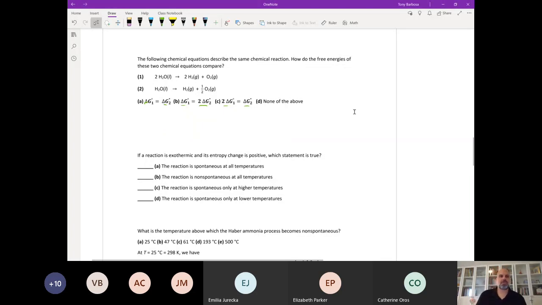All right, let's think about this. When we have the free energy of our system, our delta G, and we're trying to determine what's going to happen, should I pick on people and ask why they chose A and why they chose B? So you have a reaction that's essentially double, right? This reaction is twice the number of molecules, right? There's 2 times here.